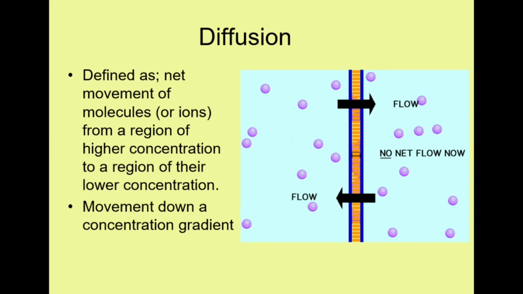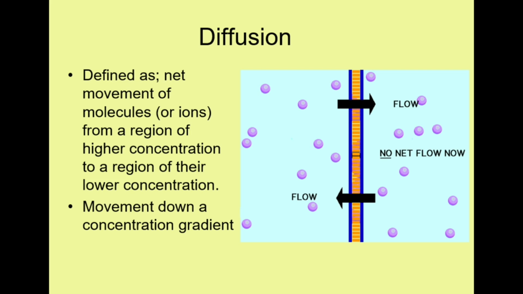Let's start by looking at diffusion, sometimes referred to as simple diffusion. And this is defined as the movement of molecules or ions from a region of high concentration to a region of low concentration. And we will often say that that is movement down a concentration gradient.